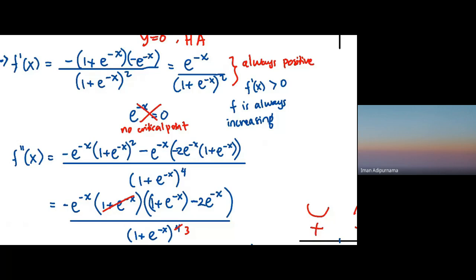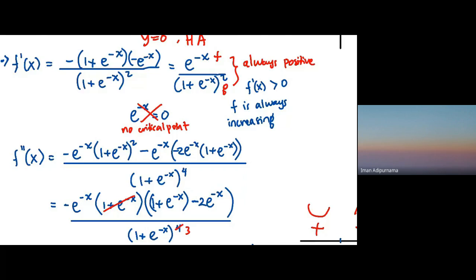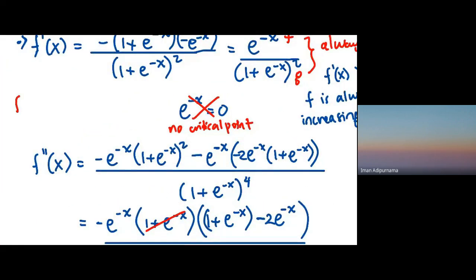Okay. So from this to this, the second derivative, we are going to use f and g, for example, and basically we are using the quotient rule. So this is f prime g minus g prime f. That is precisely what I'm doing here. So first, f prime, we have e to the negative x, right?